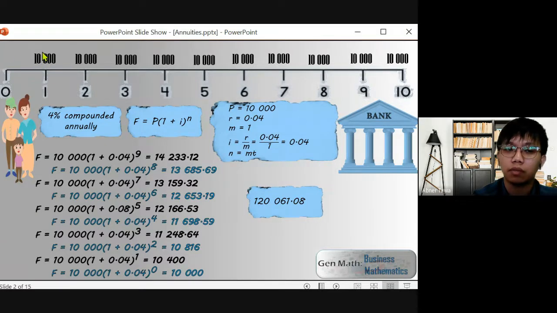Ibig sabihin, yung 10,000 mo ngayon, kaya niyang bumili ng dalawang cellphone, pag ganun, yung 10,000 mo next year, hindi niya kaya. Ibig sabihin, bumaba yung value ng 10,000 next year. Kaya yung fair market value ng present value ng annuity na to. Fair market value pag savings.